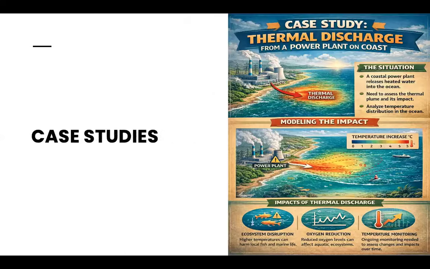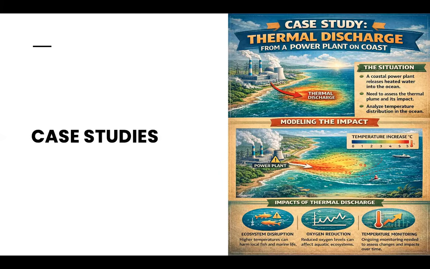We have a case study here to make things clear. We have a power plant, and this power plant discharges high thermal water into the sea. And the client told us, okay, we have two options: discharge on the surface or at -2 meter depth.